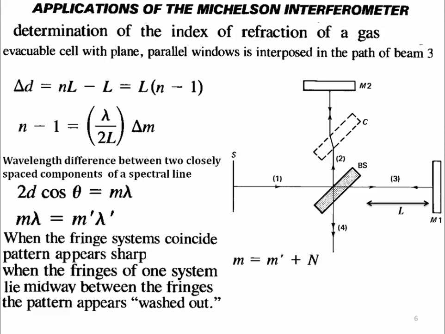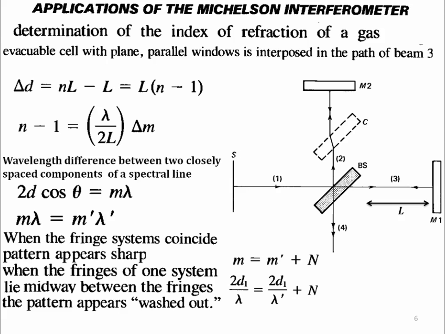So m is an integer, and m dash is also an integer, because these refer to the condition for constructive or destructive interference. In the current case, the condition for destructive interference. So m and m dash are both integers, and the difference of any two integers is also an integer. So we are saying m is equal to m dash plus n, where n is another integer.